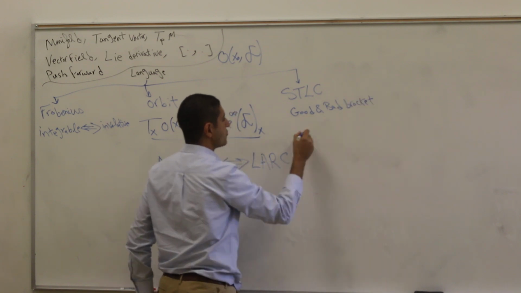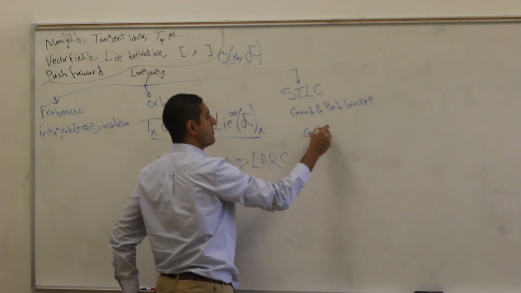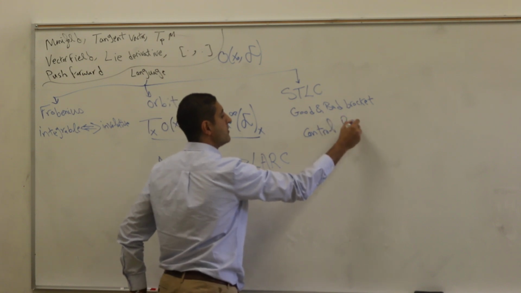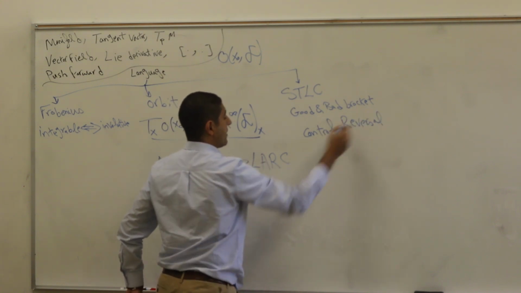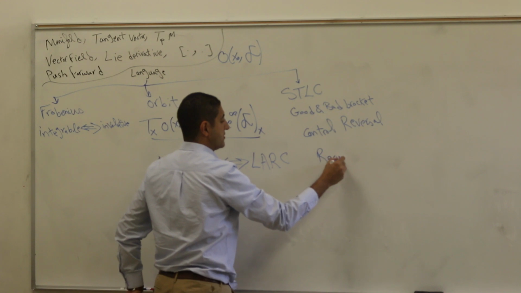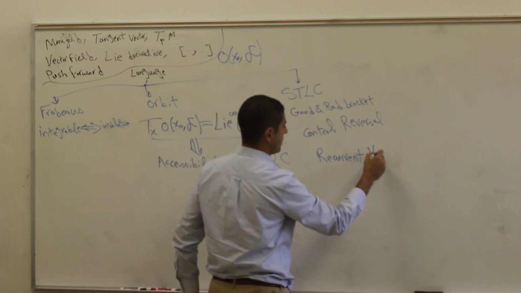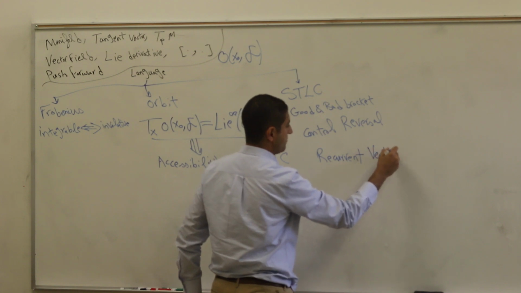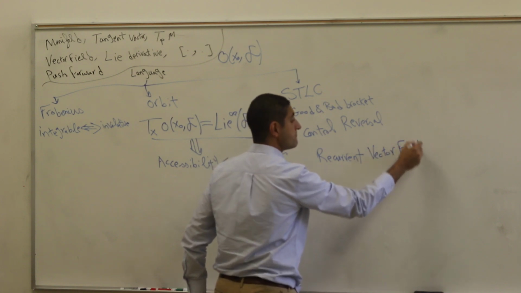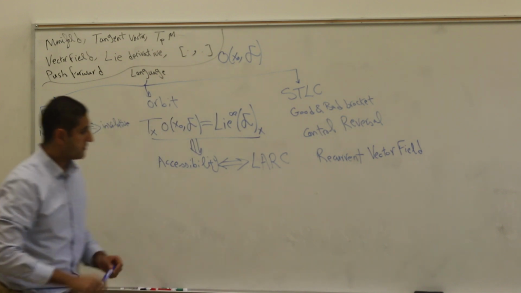We talked about control reversal, if you remember the example in the homework. We talked about recurrent vector fields, and I'm very glad that some of you, in the example of the rigid body, got it.